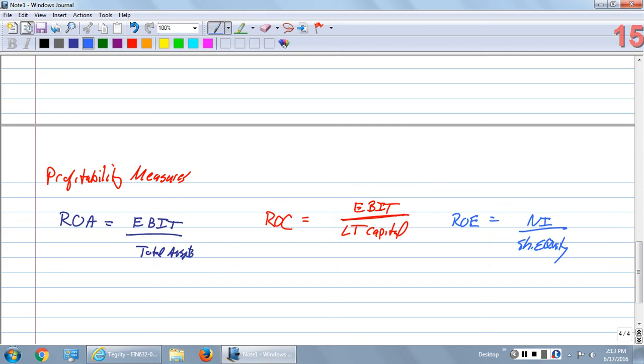Remember, we said the firm's growth rate was a function of their retention rate times the return on equity. So when the firm does invest capital, when they reinvest their earnings, the ROE is the rate of return that they're earning when they're investing shareholder funds. So three different profitability measures.